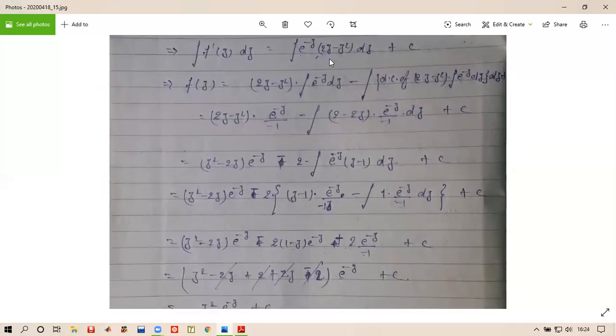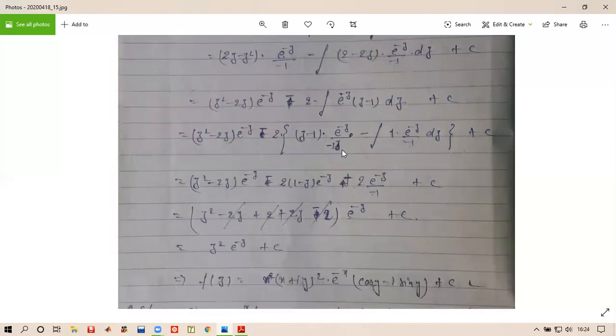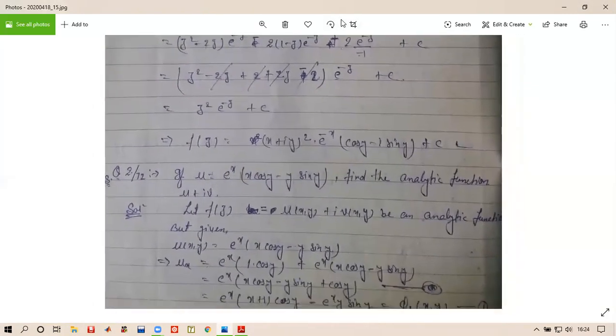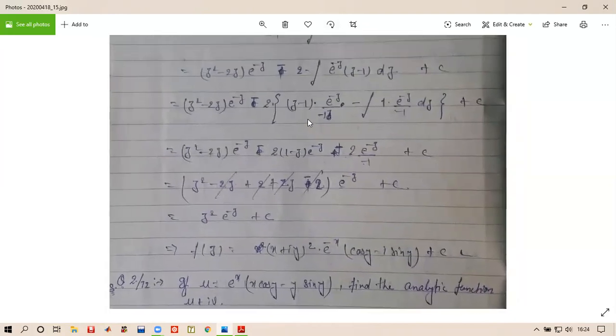Now the integral of f prime z dz equals f of z, and solving the right hand side with the help of integration by parts, we get finally f of z equals z square e to the power minus z plus c. Therefore f of z equals (x plus iy) whole square, since z equals x plus iy, into e to the power minus x (cos y minus i sin y) plus c.